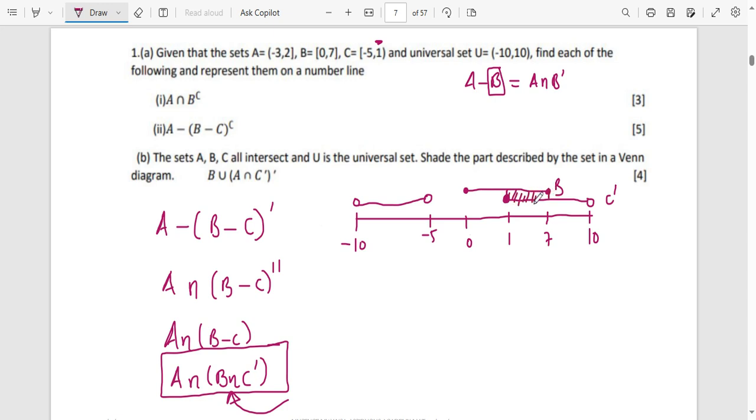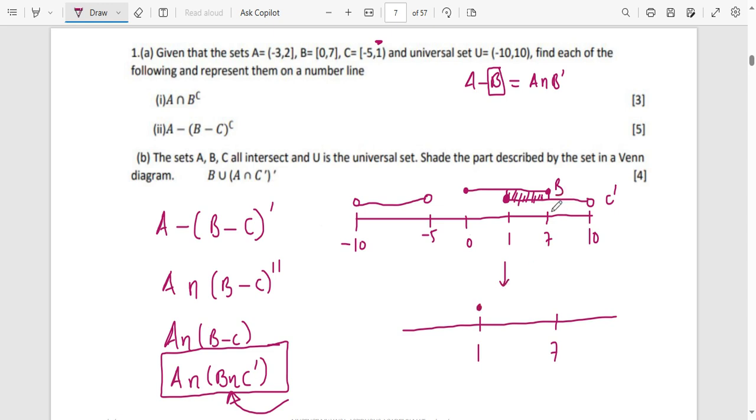Okay, yes. And you can see the set B has got a 1. The set C complement also has got a 1. So I can now write this one on another number line just for cleanliness sake, 1 up to 7. So 1 is in the set B, is also in the set C complement. So it will be part of the intersection.